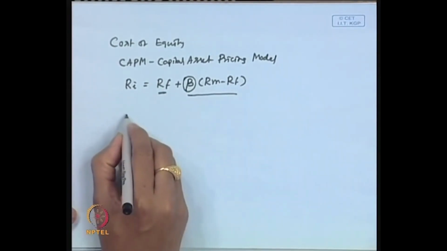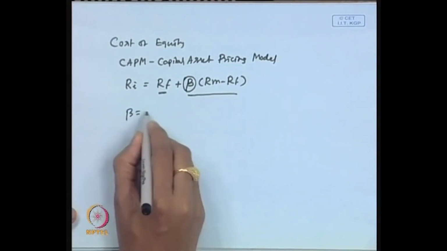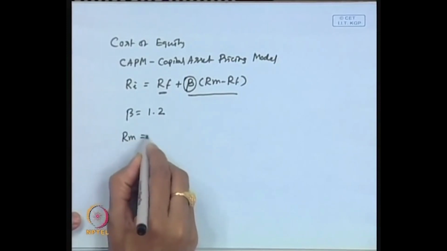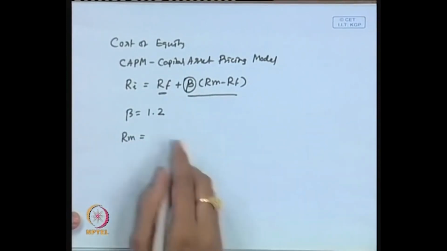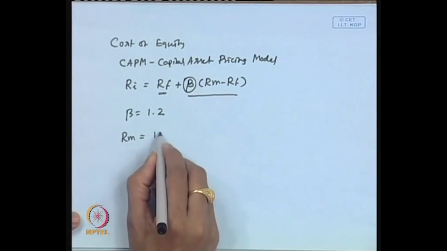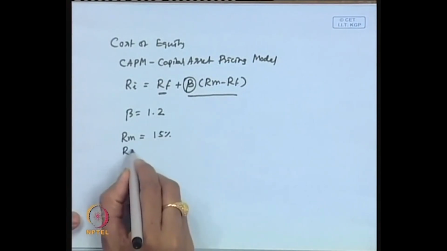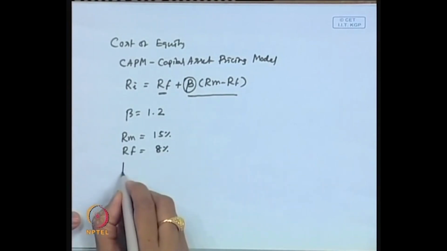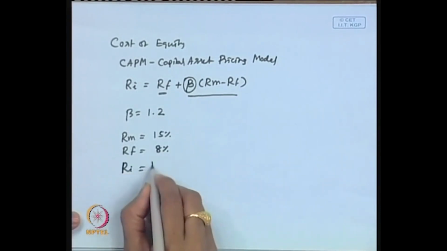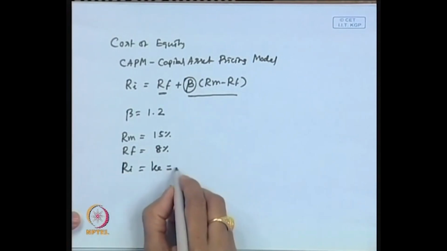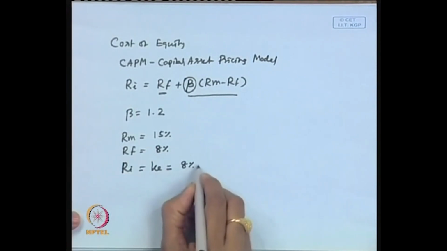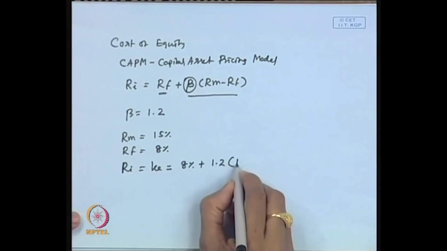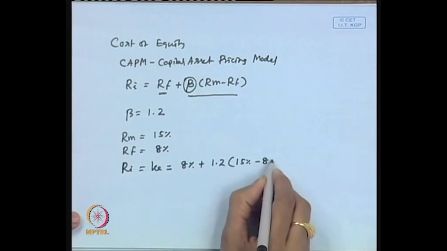So, if you have got a particular company where the beta is, let us say, 1.20, and the return on the market index or portfolio, the benchmark for that matter, is, let us say, 15%, and if the RF is, let us say, 8%, in that case the Ri, which is used for finding the cost of equity, is 8% as RF plus beta 1.2 into (RM is 15% minus RF is 8%).